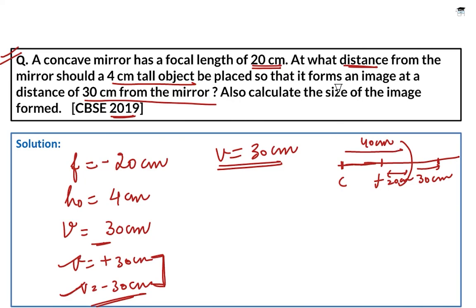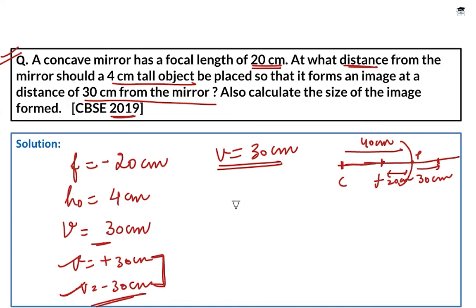In case of a concave mirror, if you remember, if the object is placed somewhere between pole and focus, we get the image behind the mirror. So our U is going to be somewhere between 0 and 20 centimeters.